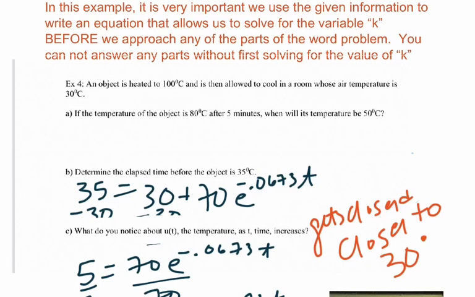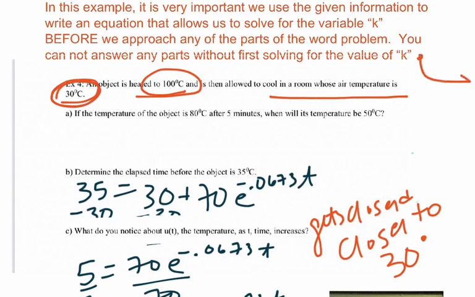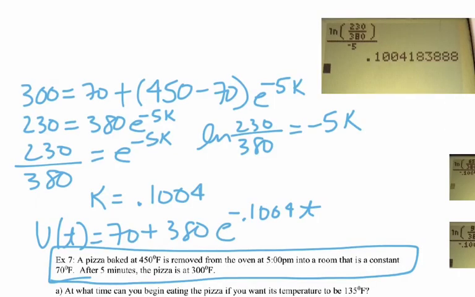So keep in mind that if you were to put something in the oven, and let's say it went to 100 degrees, and then it was to cool in a room where the air temperature is 30 degrees, basically, even though it was in the oven at 100 degrees, it's going to level off and wind up to be 30 degrees eventually.